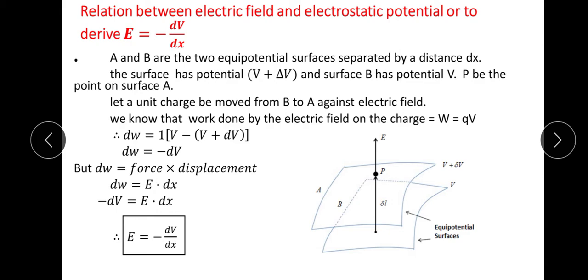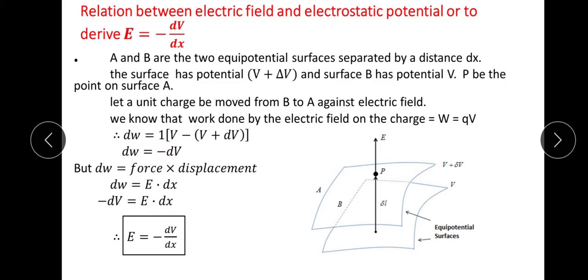So the work done is equal to charge multiplied by potential difference. That is the equation for work done. Work done to move any charge Q is given by W is equal to Q into V, that is charge into potential difference. Now since we are moving a unit positive charge here, this Q will be 1 in magnitude.